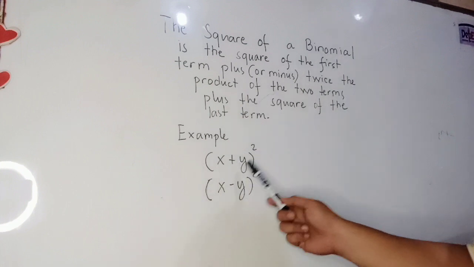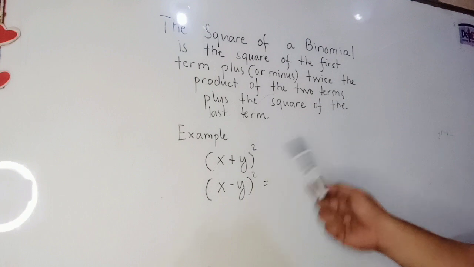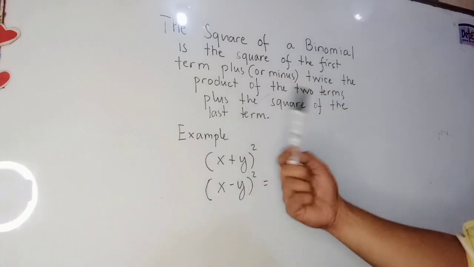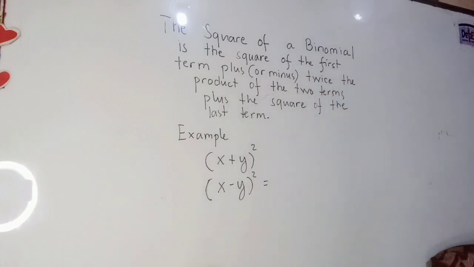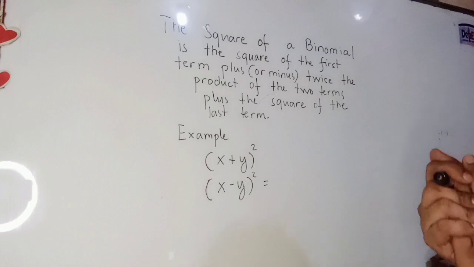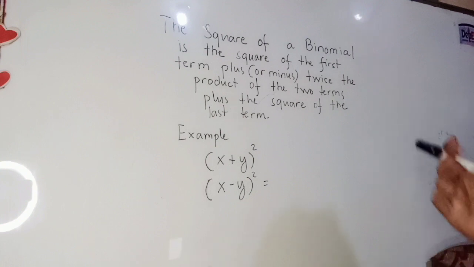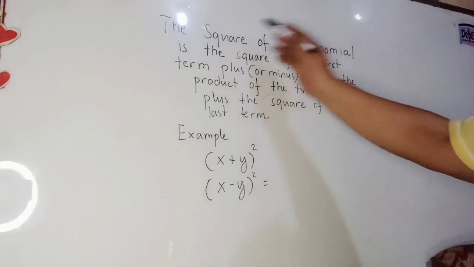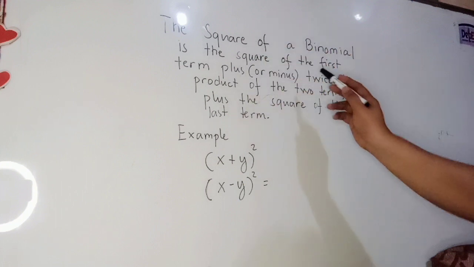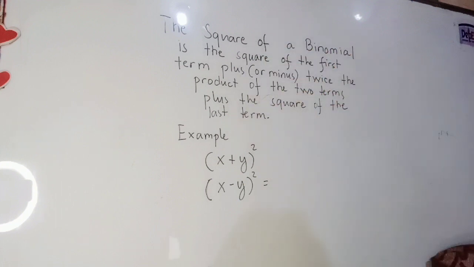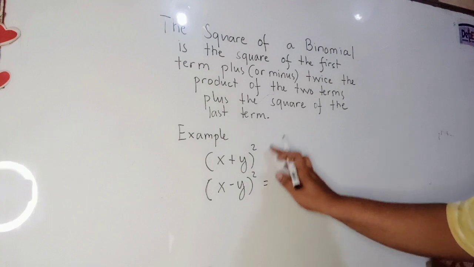So (x + y) squared means you are multiplying it to itself. Now, we already know about the FOIL method. I think I have discussed that in my previous videos. But here, we're going to apply this definition in order for us to be able to answer the two examples that we have here.